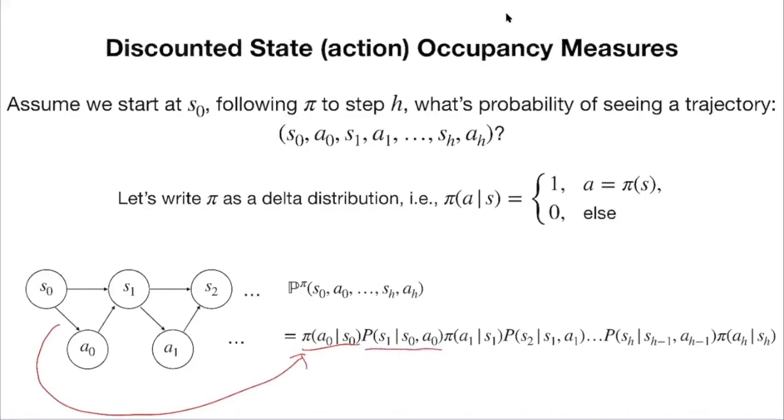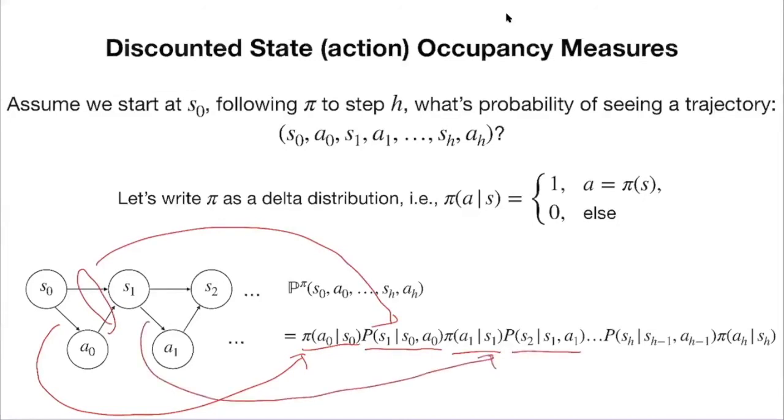The second term says, conditional on S0, what's the likelihood of seeing S1? So this corresponds to this transition. The third term is, conditional on S1, what's the likelihood of seeing A1? And this corresponds to this pi. And the fourth term is, again, what's the likelihood of seeing state S2, conditional on S1, A1, and so forth. I'm just using the Markov property, and writing the likelihood of this trajectory, these H plus 1 random variables, as a product of their conditional distributions.